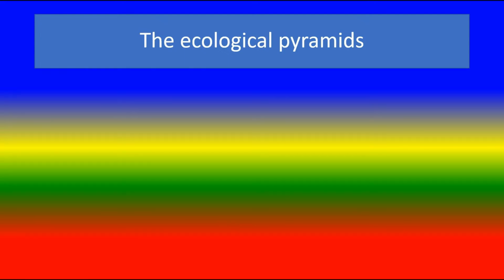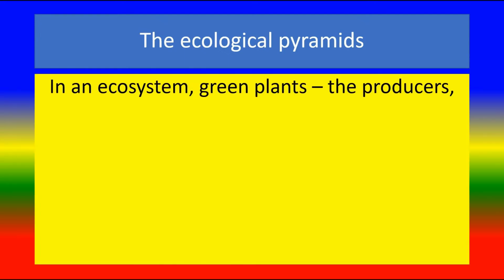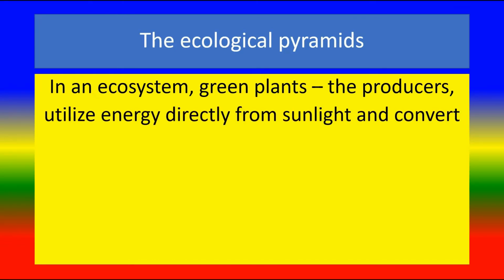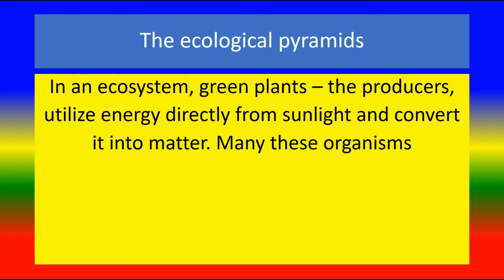The ecological pyramids. In an ecosystem, green plants, the producers, utilize energy directly from sunlight and convert it into matter.